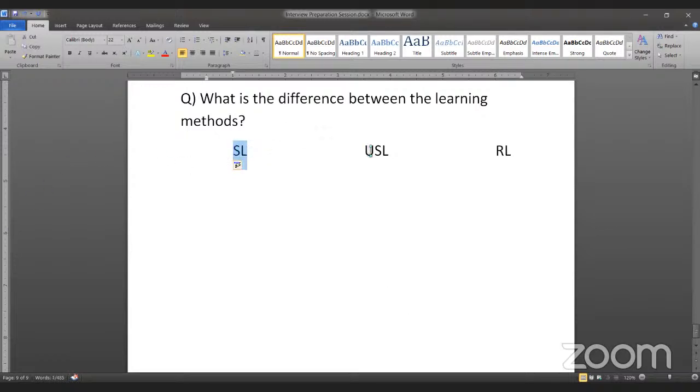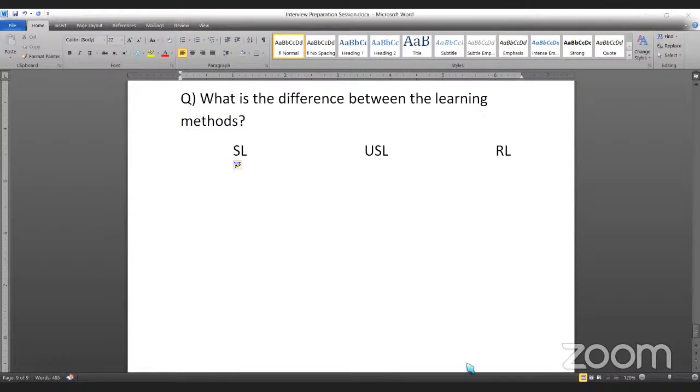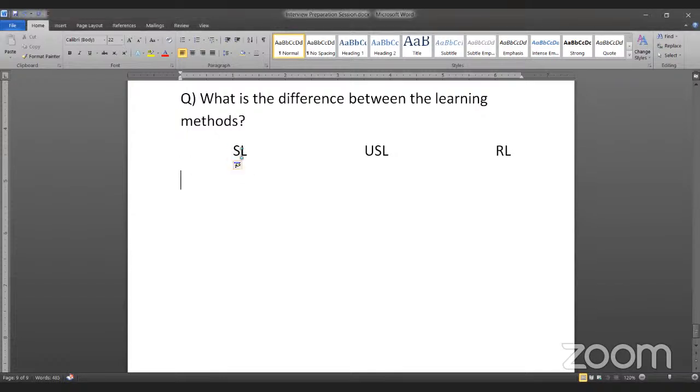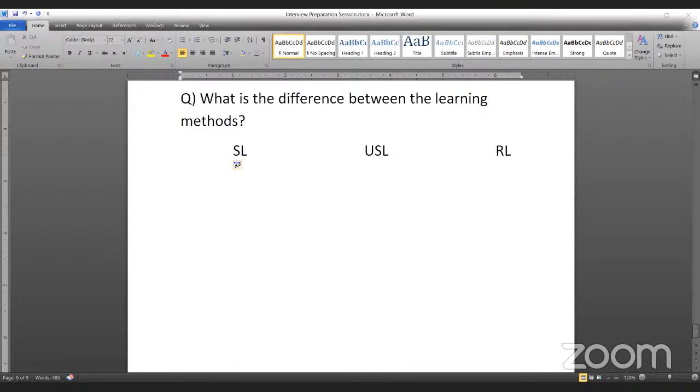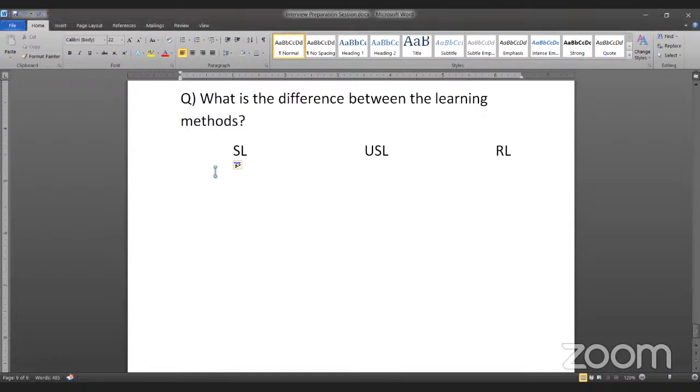So we have supervised, unsupervised, and reinforcement learning. Okay, so first we'll see the difference. Supervised learning, how does it learn? It learns using labeled data.